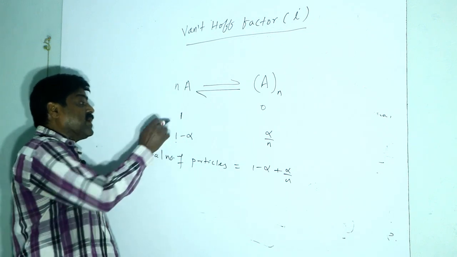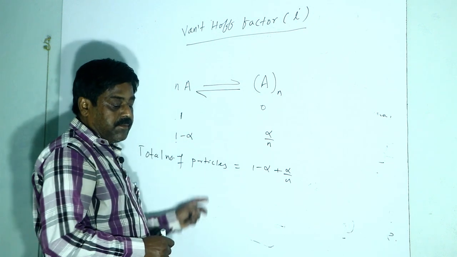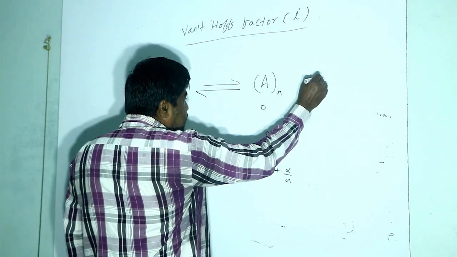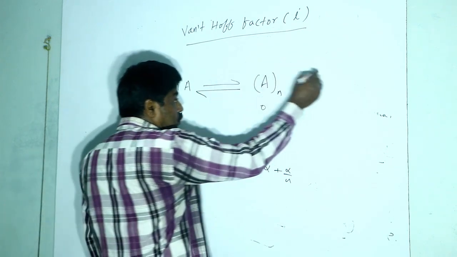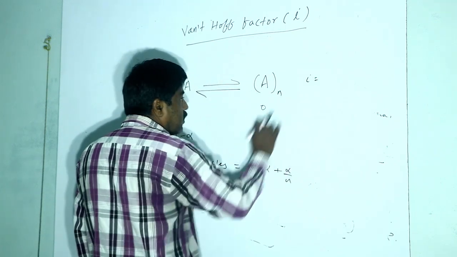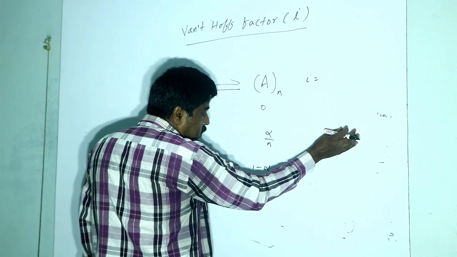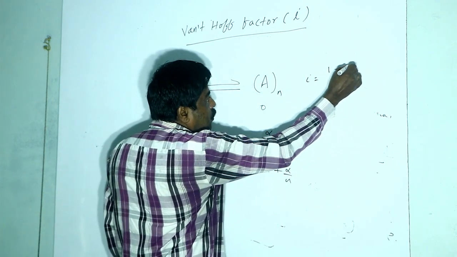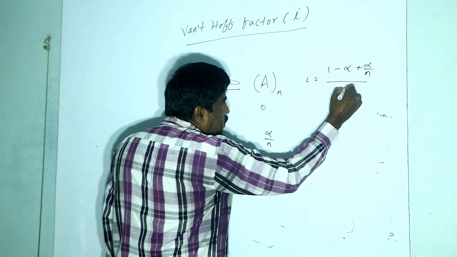But the number of particles added is 1. Then i is equal to the number of particles in the solution divided by the number of molecules added. Here the number of particles present in solution is 1 minus alpha plus alpha by n, and the number added is 1.